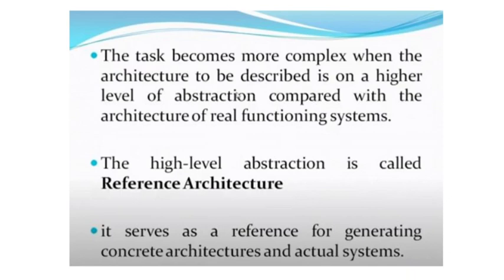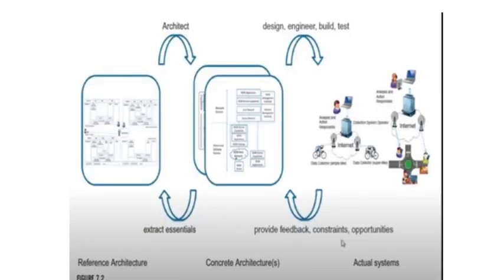So this high level abstraction is generally called a reference architecture, right? So it serves as a reference for generating concrete architectures and the actual system that is going to be developed, right? So this is the image of this architecture model: reference architecture, concrete architecture, and actual system.